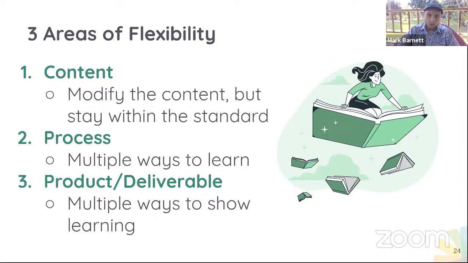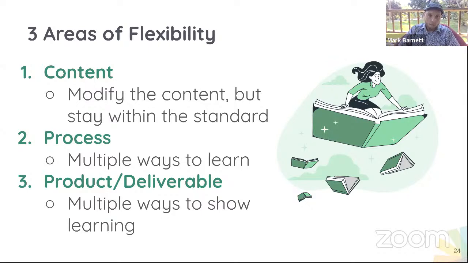So when I say you can modify the content, it still has to meet the rigor of the standard. So let's just say I was a social studies teacher and I was delivering content about ancient Egypt. Well, all of my students need to learn about that topic because it's a part of the standards.